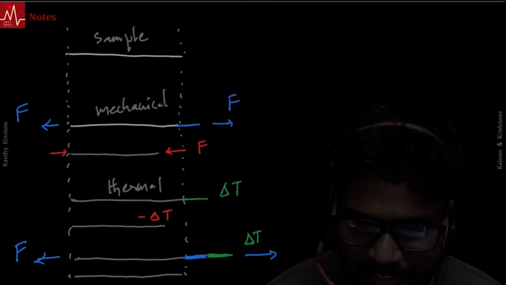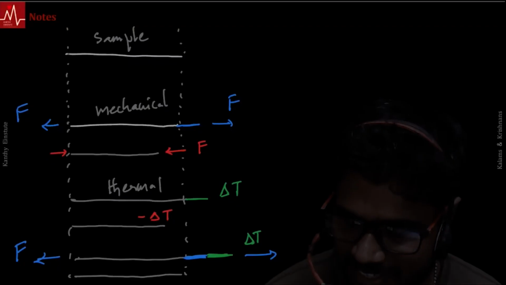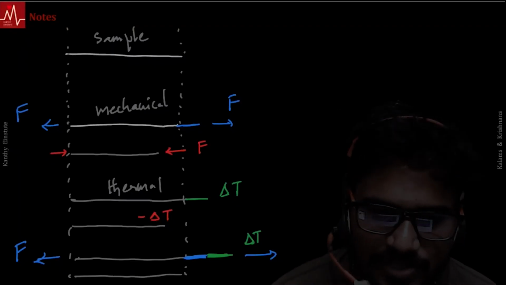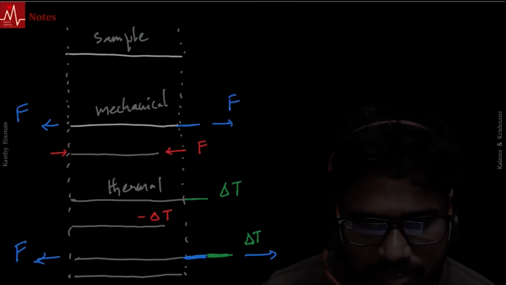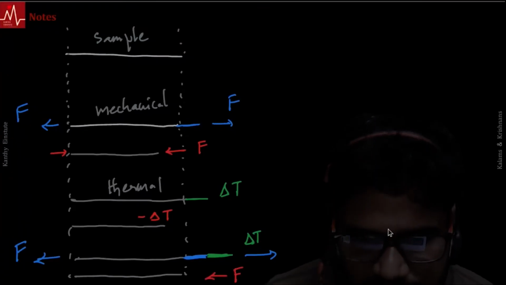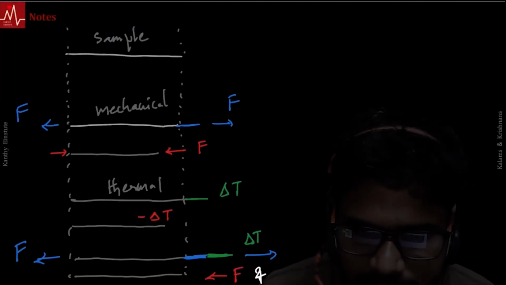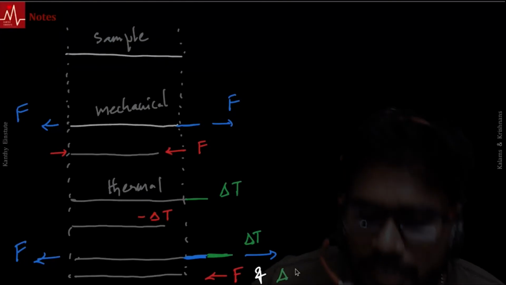There is both mechanical stress as well as thermal strain and thermal stress. This is a scenario where I have minus F and delta T. Either I can compress it and heat it, or I can cool it and put a tension.